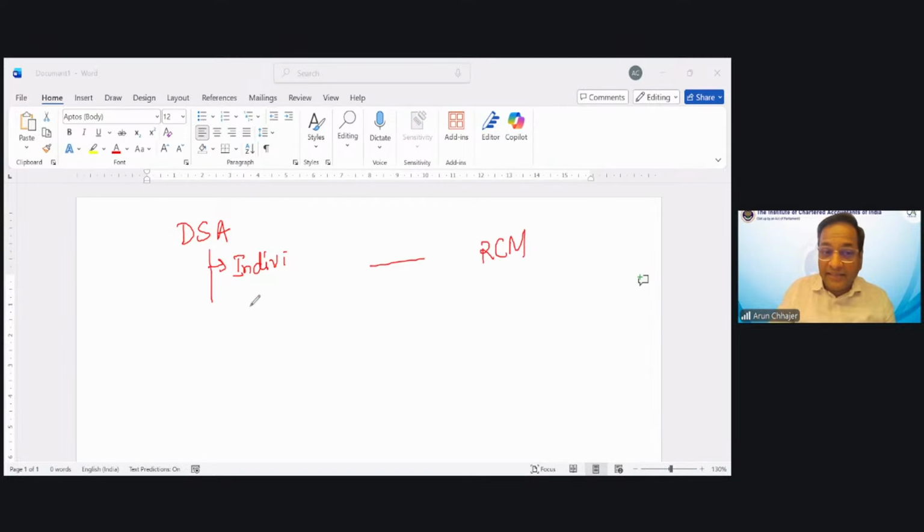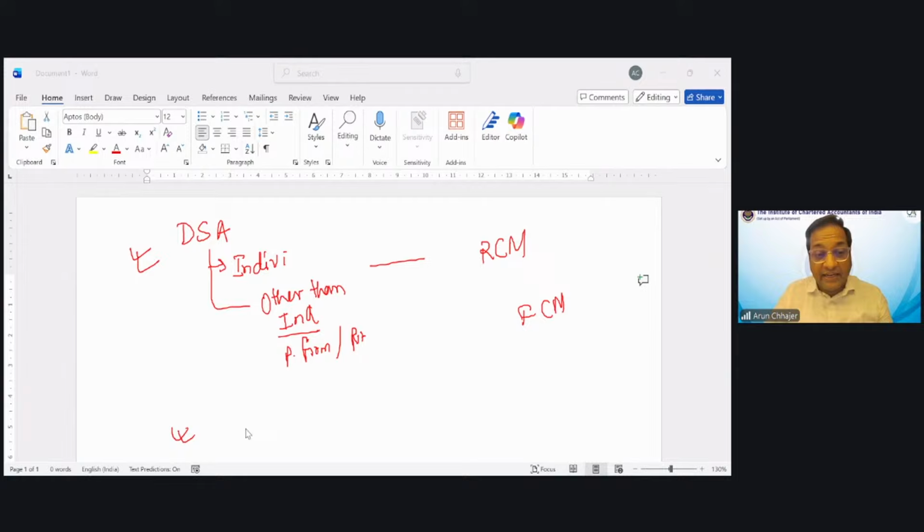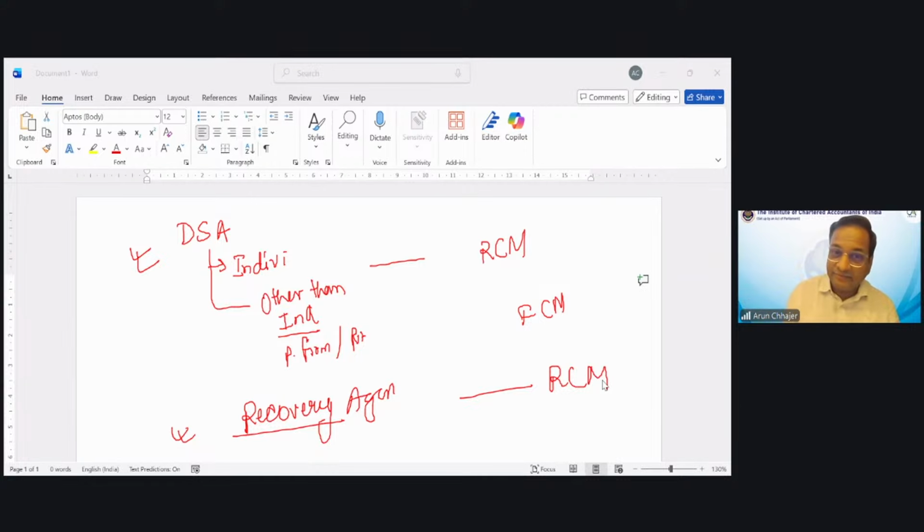If the supplier is other than an individual, like a partnership firm, a limited company or a private limited company, then it will be FCM. But the current question was on the recovery agent. Every type of recovery agent will always come under RCM. Fine. Everyone is clear?